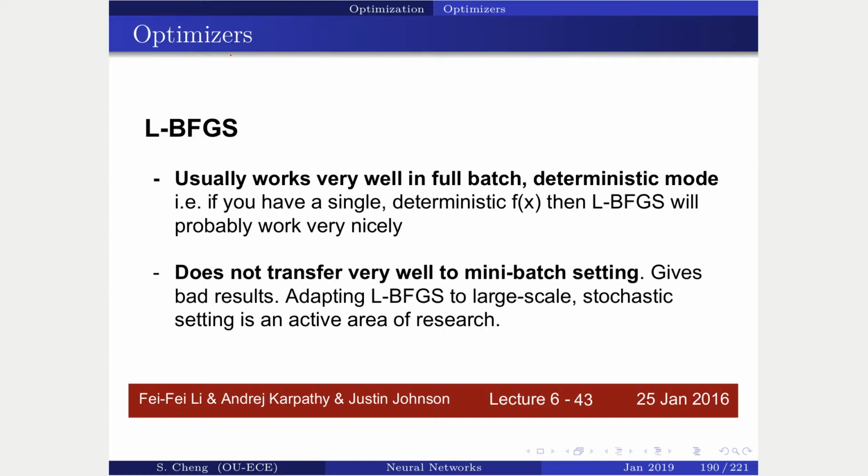Now if you have this approximate objective function, and you use all the data, full batch, then at least your gradient is exact. We are doing the optimization problem here, and you use all the training data to compute your gradient.